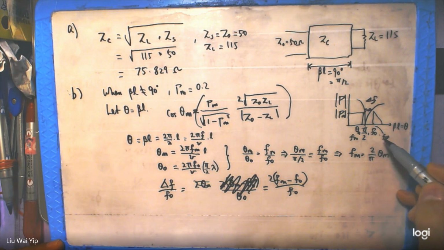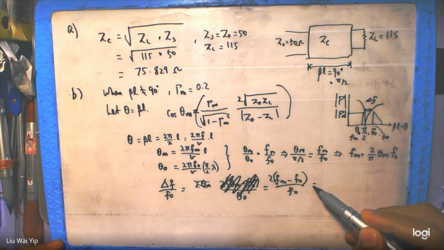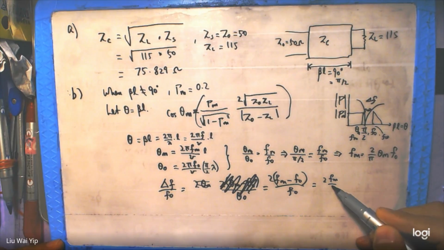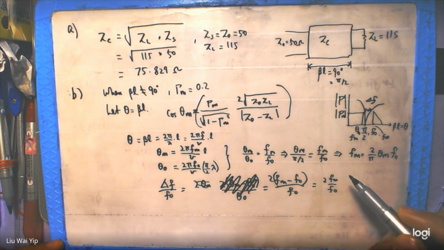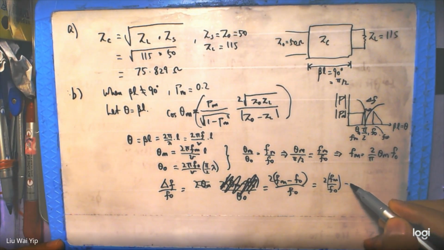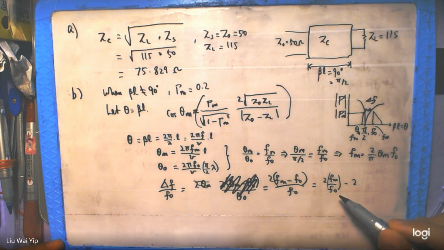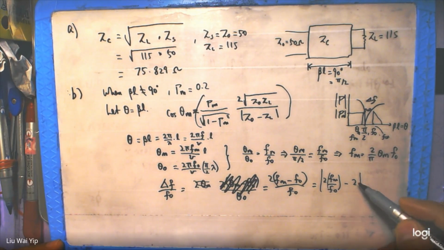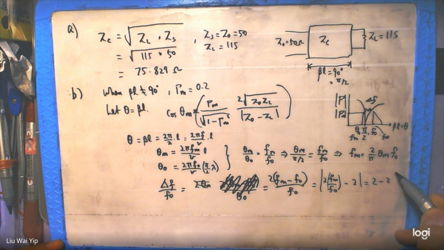If this is the case, then you get 2Fm over F naught, and then minus 2. Or it could be negative, depending on which side is larger. So it may be 2 minus 2Fm over F naught.